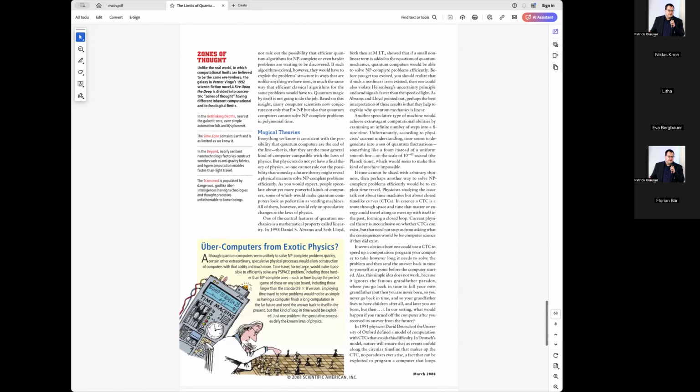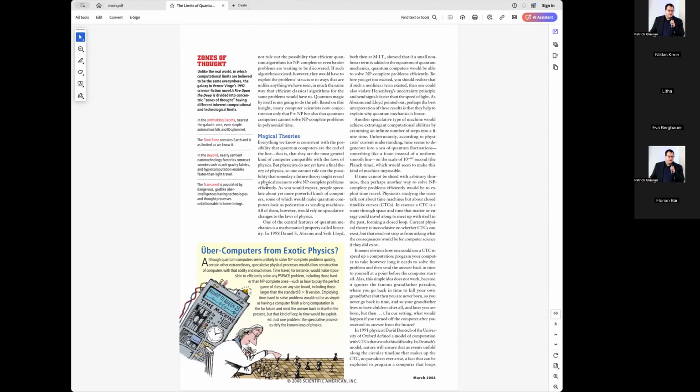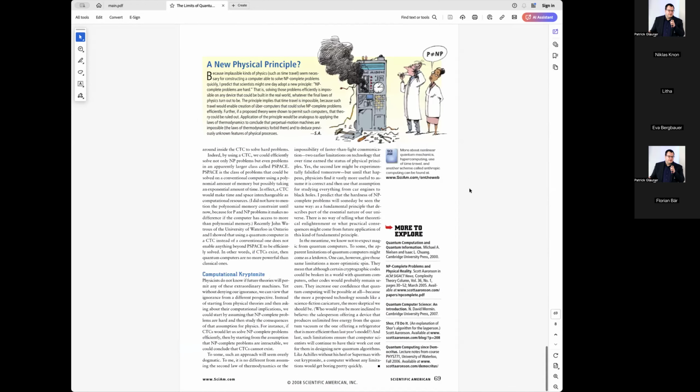There is also the question whether there could be something beyond quantum computing, some super exotic physics, but this is highly speculative, and such computers, if they existed, would defy the known laws of physics. So this is purely speculative and super unlikely, but it looks beyond for maybe some new thoughts if you wish.